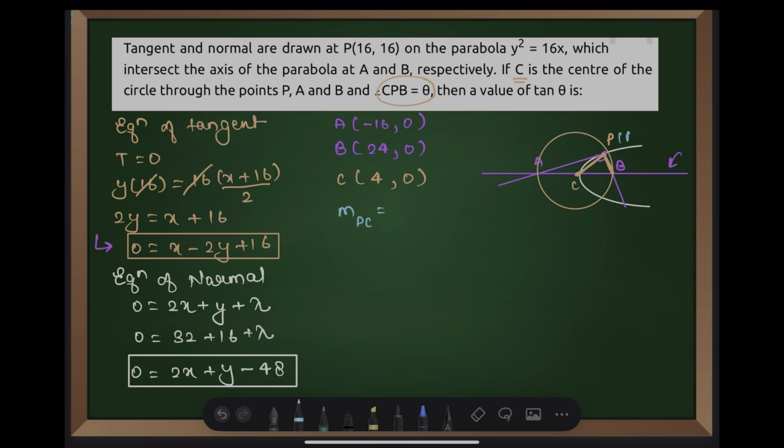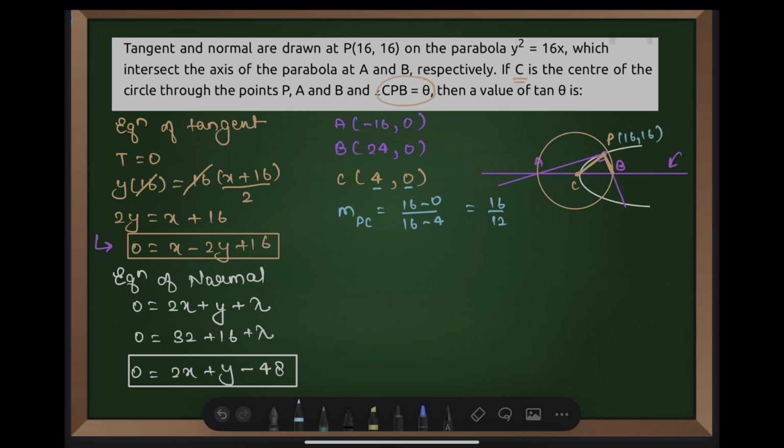P is 16 comma 16. So can I write y2 minus y1 by x2 minus x1? So we got 16 by 12.